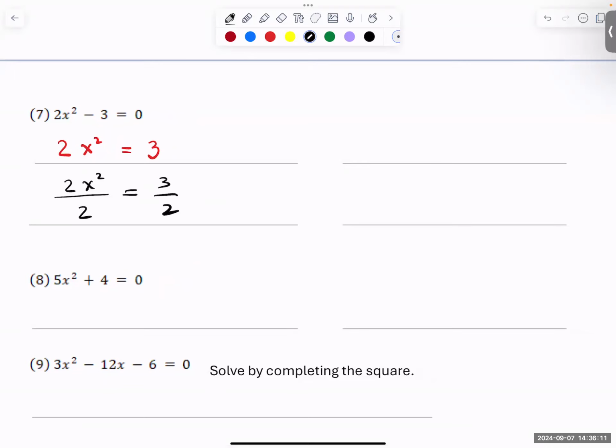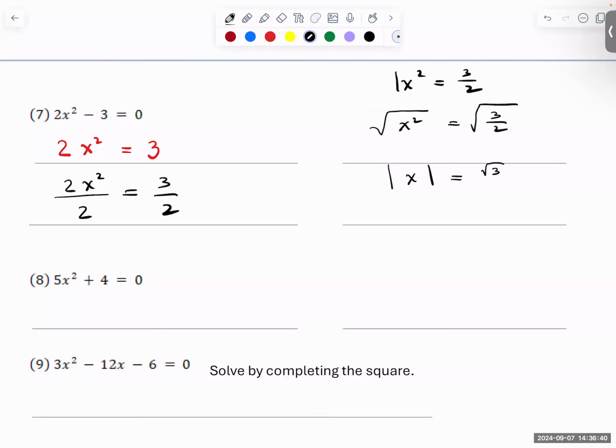So we have 1x squared equals 3/2. We'll now take the square root of both sides. And the square root of x squared is absolute value of x equals square root of 3 divided by square root of 2.